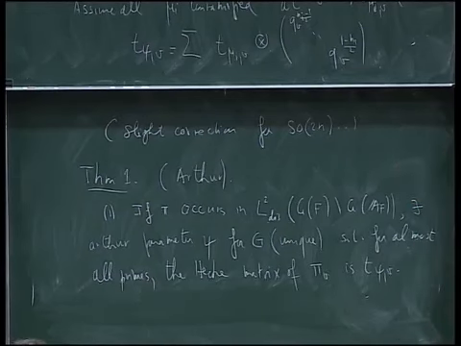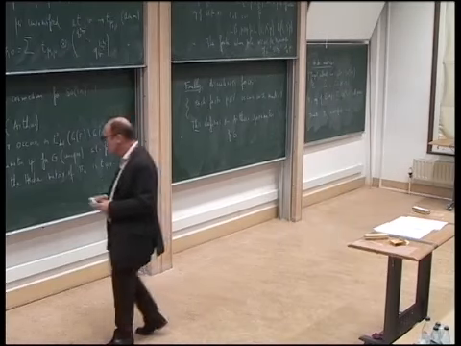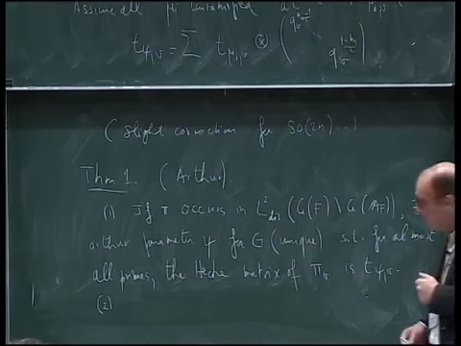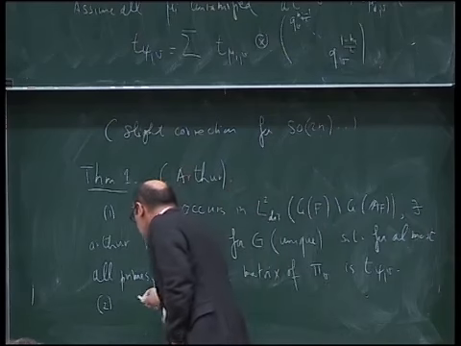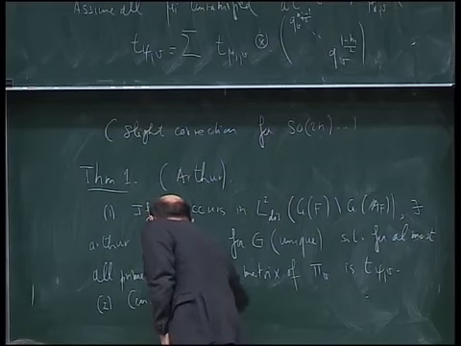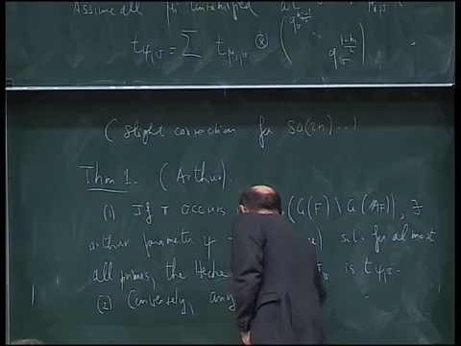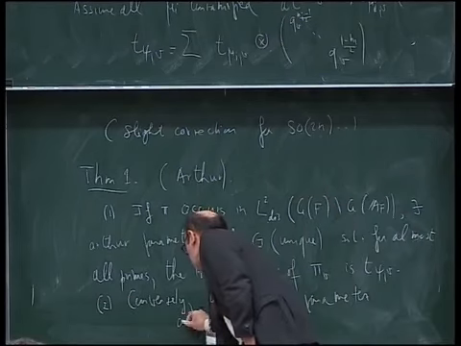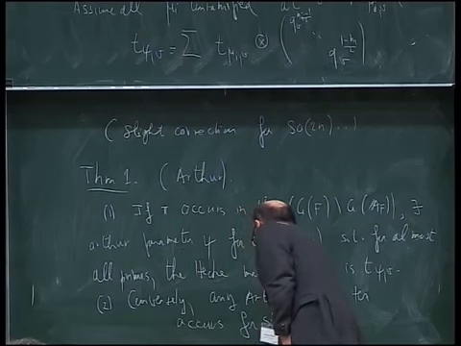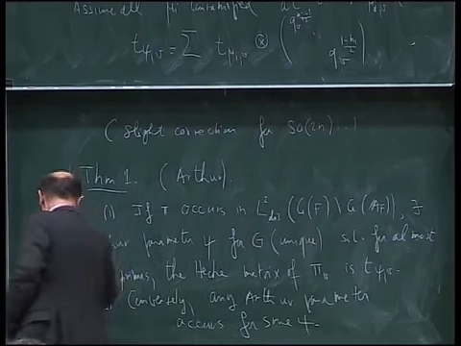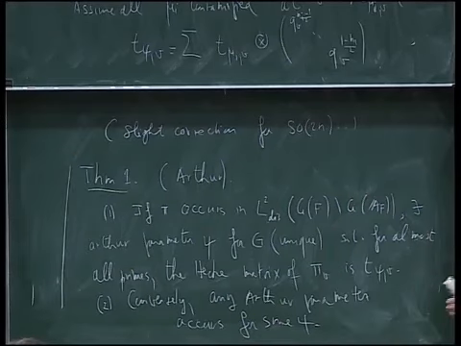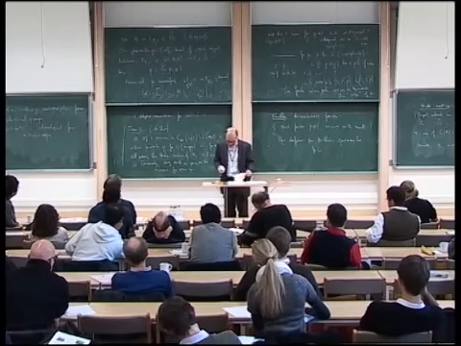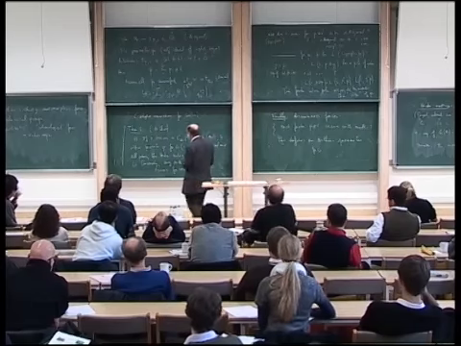Okay. The theorem is much stronger, but let me just state the weak converse. Conversely, any Arthur parameter psi occurs in that sense in L2 of G. Okay, so I had wanted to be more explicit, but if I do that, I will not be able to get to Galois representations.